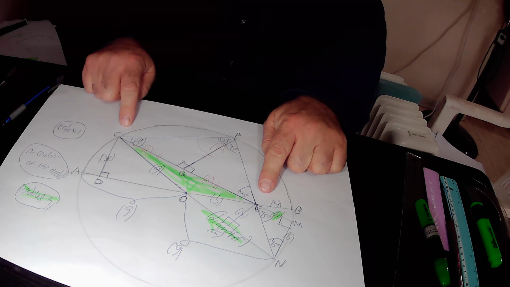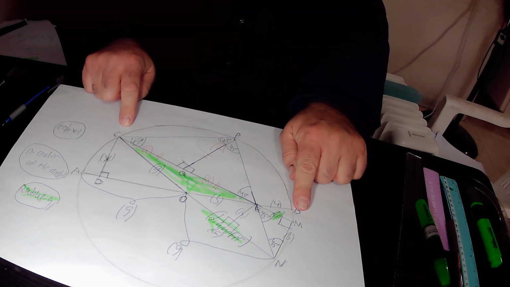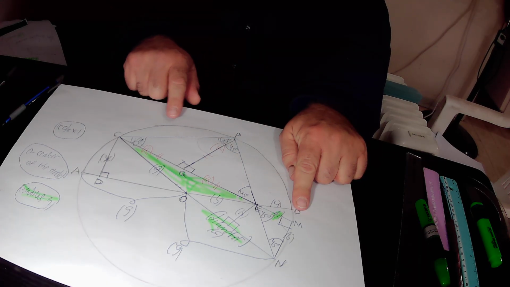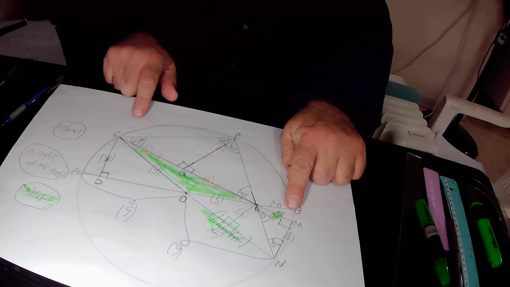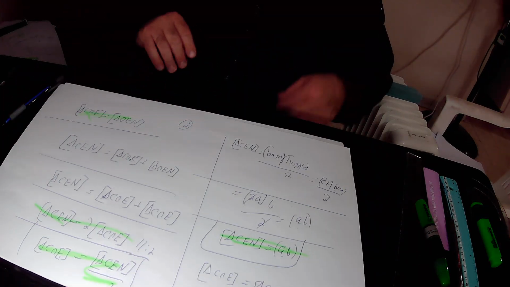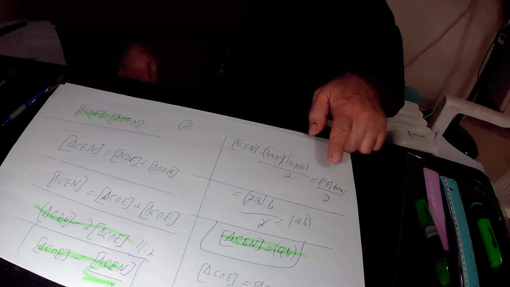The extended base is CM, and N definitely creates 90 degrees with CM, and therefore NM is the height of the base. So the base is CE according to our choice, and the height to the extended base is NM, over 2.